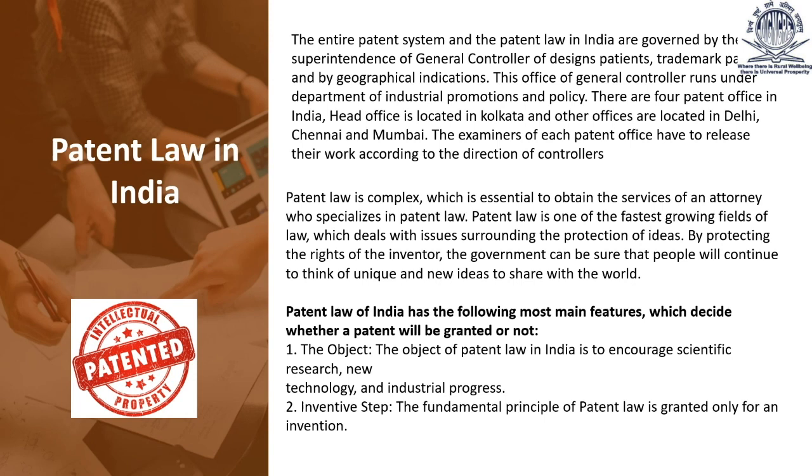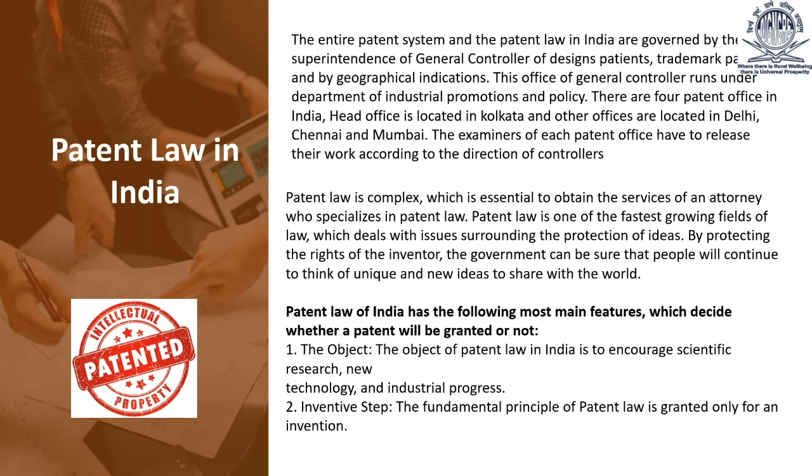Now let's discuss the patent law in India. The entire patent system and the patent law in India are governed by the Office of the Controller General of Patents, Designs, Trademarks and Geographical Indications. This office of the Controller General runs under the Department of Industrial Policy and Promotion.